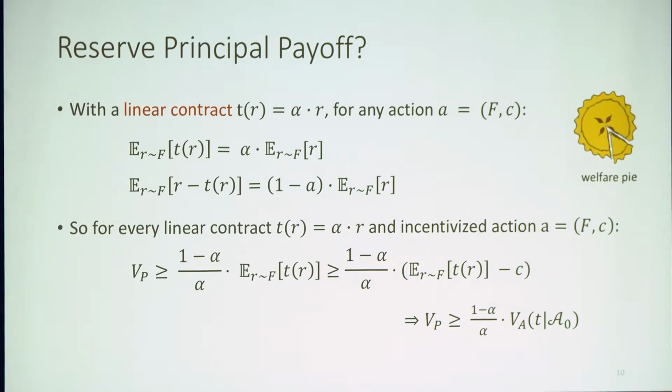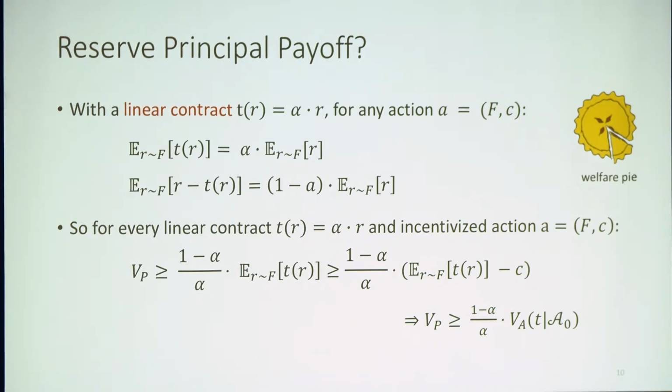Okay, now I can lower bound this, right? So it's the expected transfer minus the costs. And now this term you recognize as the agent utility, and in particular, this is lower bounded by this previous derivation on the agent utility, very roughly, right? So in particular, we get a lower bound on the principal's payoff, which depends on alpha and the agent utility.